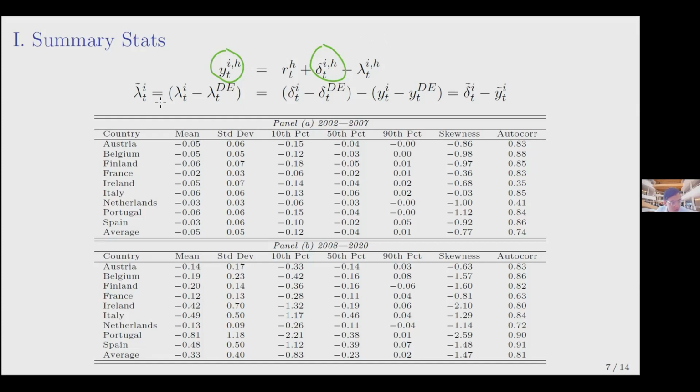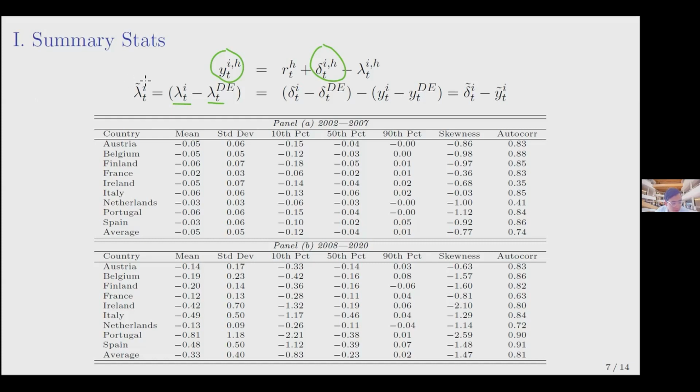We compute the difference in the convenience yields between one country and Germany so that we can get rid of the common risk-free rate, which we do not observe directly, and we can express the convenience yield differential as the difference between the two countries' CDS spread minus the two countries' bond yields.